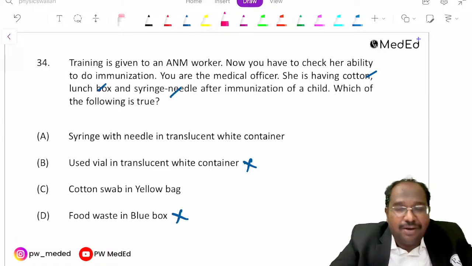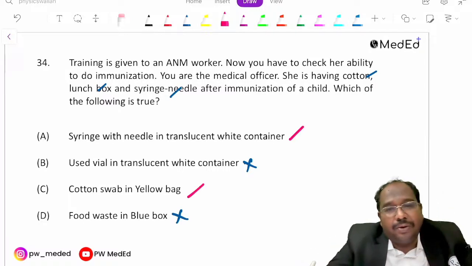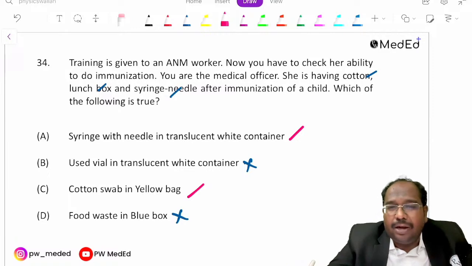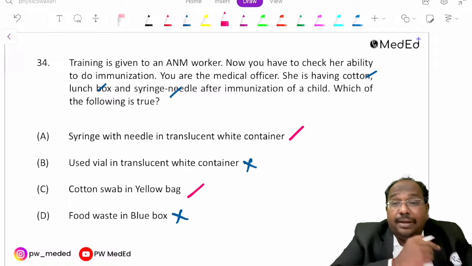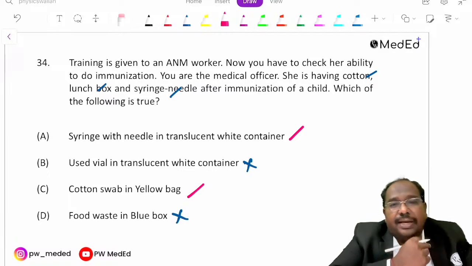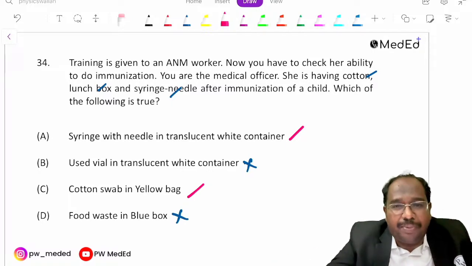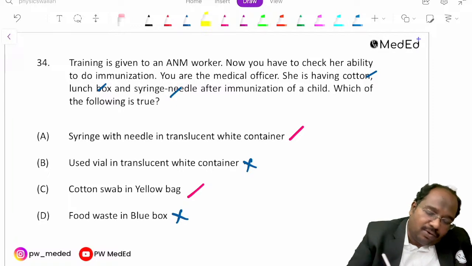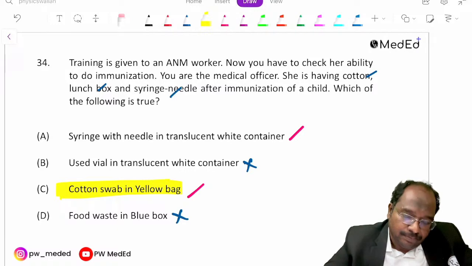But for immunization, this is also right. Cotton swab, yellow color bin, since it is soiled, maybe blood may be there. And syringe with needle goes to the white container. Both may be correct, but if they ask only one, we can go with this.